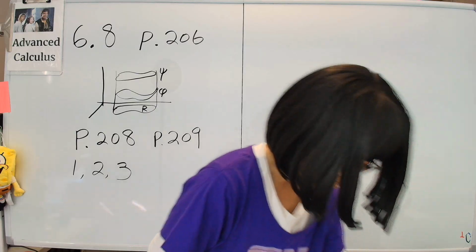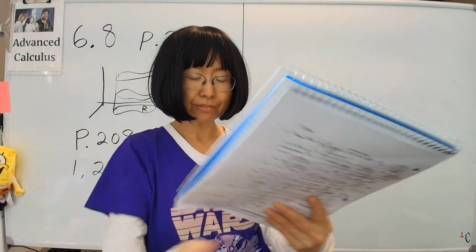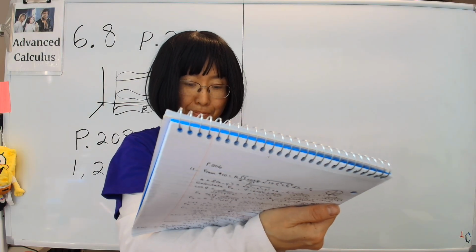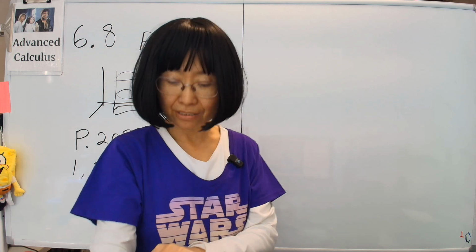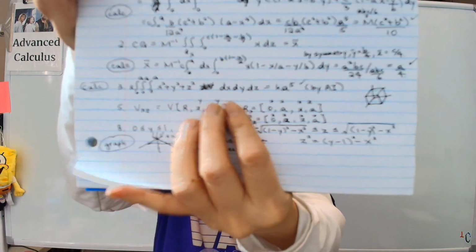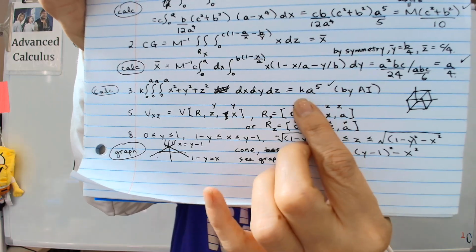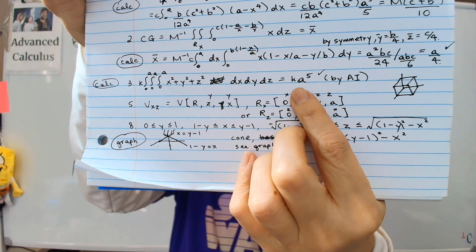Problem 3, I believe we don't have an answer at the back of the book. Nope, but I chose to do it because it's a pretty standard problem, I think. Finding the mass for this density distribution. We just plug it in, okay? And so I plug this in, and the answer popped right out. And the question is, how do we know this answer is correct?